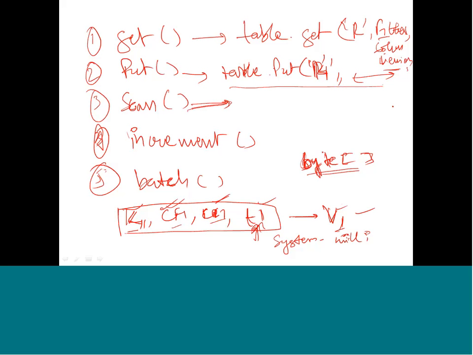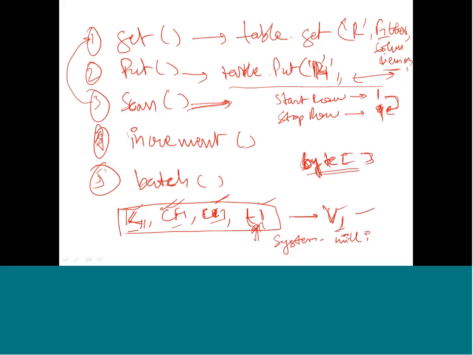Scan essentially almost looks like a get, except that there is an additional start row and a stop row which you can provide. You can provide scan from 1 to 9, for example. Everything which we said about get is true for a scan, except that scan has an additional start row key and stop row key.